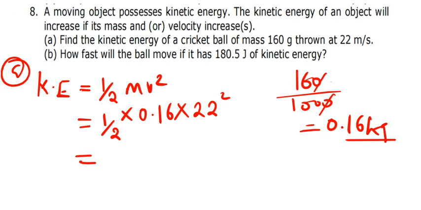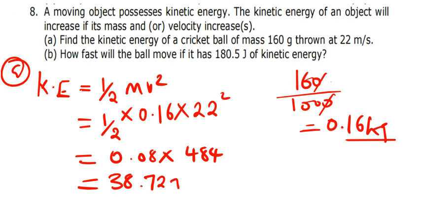So half of 0.16 gives me 0.08, multiplied by 22 squared, which is 484. The 484 multiplied by 0.08, I'm getting 38.72 joules. So basically this will be the kinetic energy for this ball.